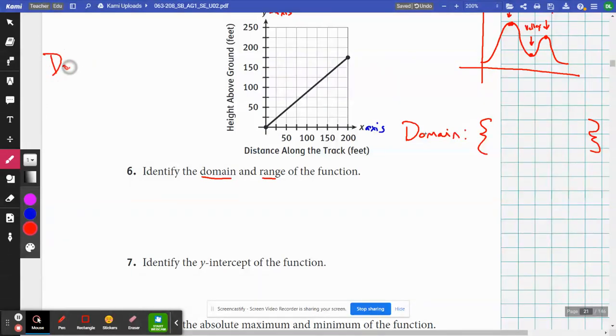I'll write that over here. Our domain, again, that is our inputs, and our inputs are our x values, our x variables, okay? And also remember that, as we talked about before, our independent variables are our x variables as well. That's another thing that was added in.